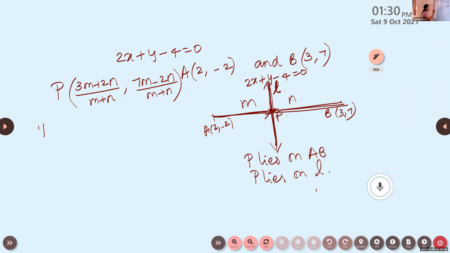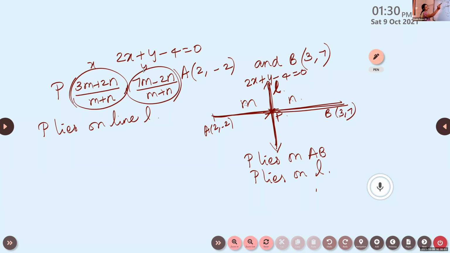Now, the point P lies on the line L. So in the place of x and y, we can substitute this x coordinate and this y coordinate. 2 into (3m plus 2n) by (m plus n) plus (7m minus 2n) by (m plus n) minus 4 is equal to 0.